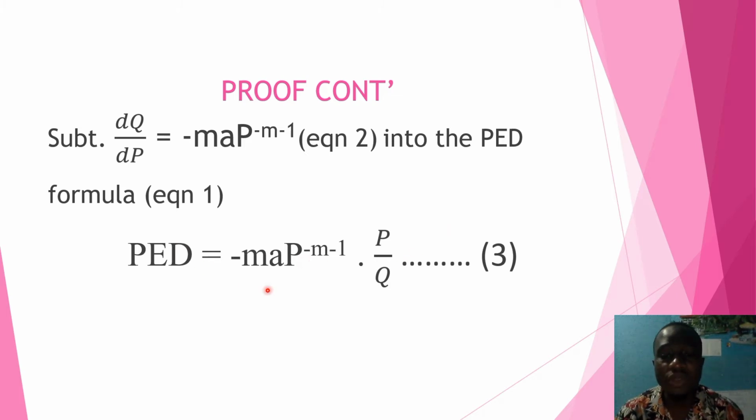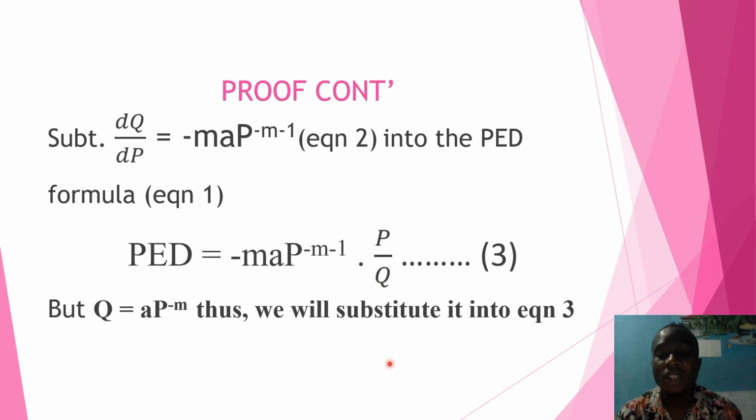Instead of dQ/dP in the formula, we replace it by minus MA P exponent minus M minus 1. And remember that from the formula we already have P over Q. So now our price elasticity of demand becomes minus MA P exponent minus M minus 1 multiplied by P over Q. Let us name this equation 3.